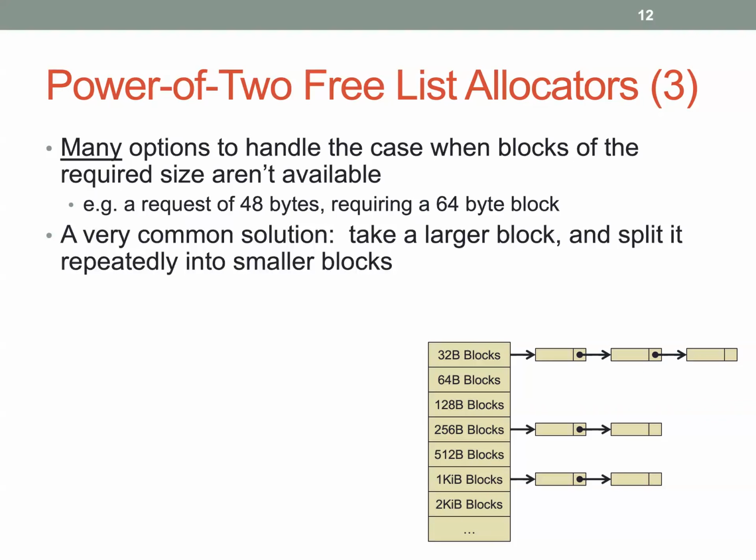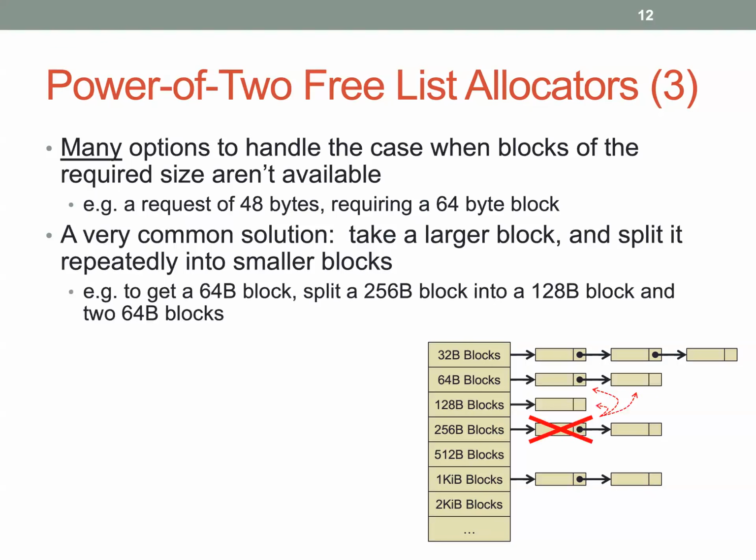And so you can take a larger block and split it repeatedly into as many small blocks as you need. So in this case, we have a request that is satisfied by a 64 byte block. And so we take a 256 byte block, we split it into two 128 byte blocks, and then we take one of those and split it into two 64 byte blocks. So we could do something like that.